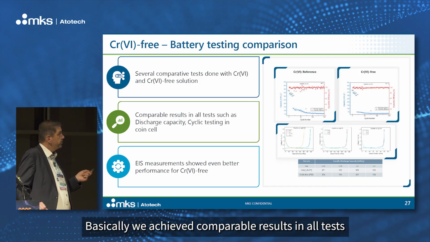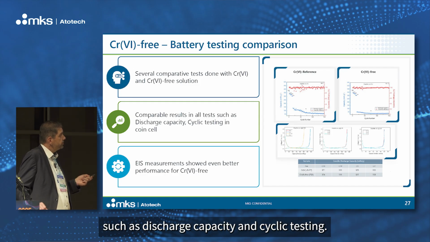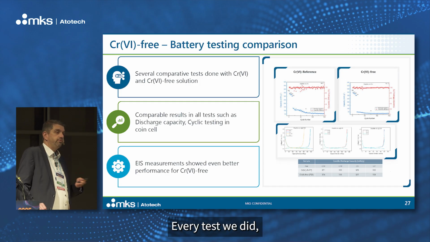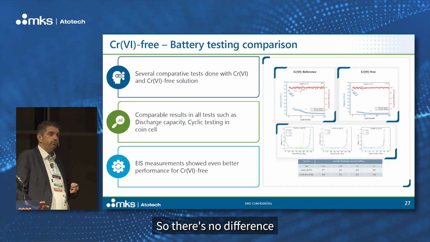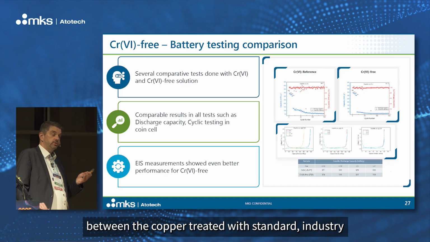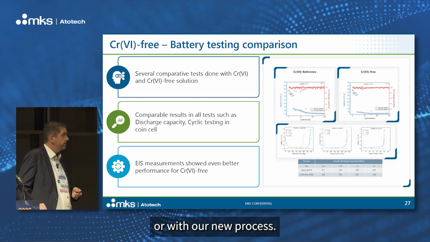Basically, we achieved comparable results in all tests, such as discharge capacity and cyclic testing. In every test we did, we achieved similar or the same performance. So there's no difference between the copper treated with the standard industry process or with our new process.